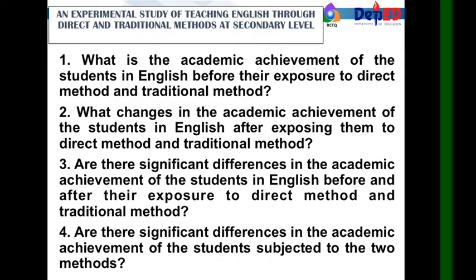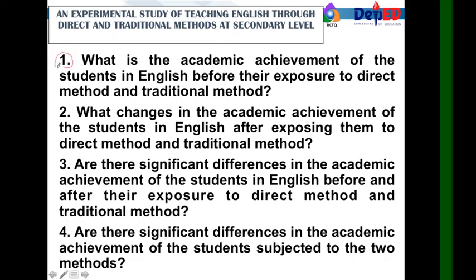And second question is, what changes in the academic achievement of the students in English after exposing them to direct method and traditional method? So, sinasabi dito sa number 1 and number 2 question, ang before and after.